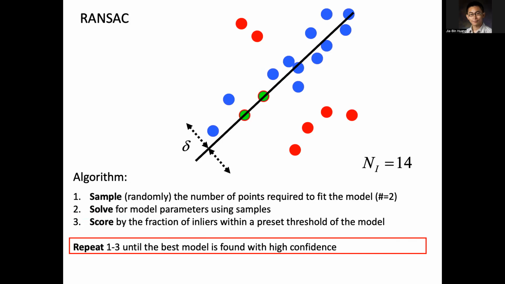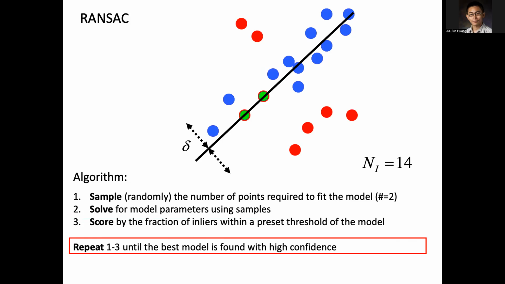If you want to detect multiple models, you want to use the Hough transform. If your model has multiple parameters, with higher degrees of freedom, you may want to use RANSAC. All these methods have some pros and cons that you want to be aware of. Okay, questions? Good.